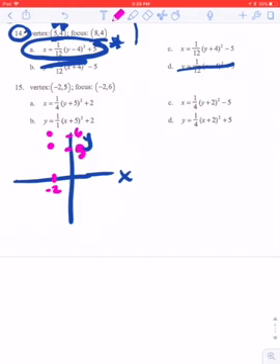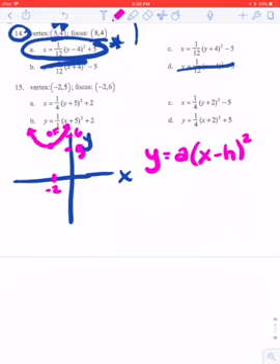Now the focus has to be inside. That means my graph is going to have to open like that. So that means that I'm using y equals a times (x minus h) squared plus k. And I know that this a value has to be positive because that opens up.